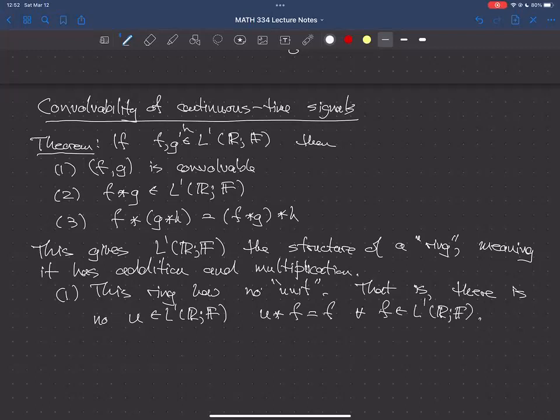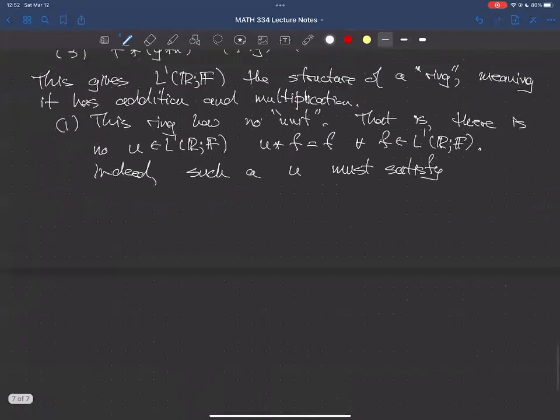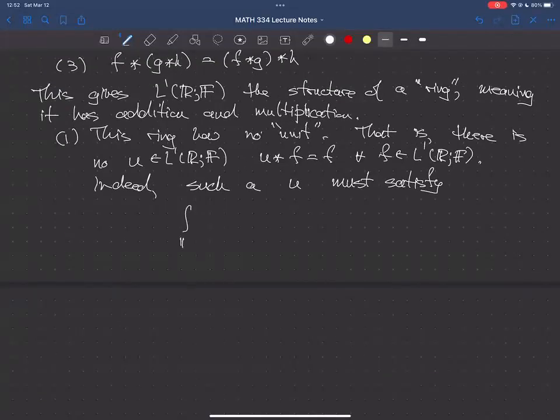Indeed, such a U must satisfy the integral over R of F of T minus S times U of S ds equal to F of T, for almost every T.